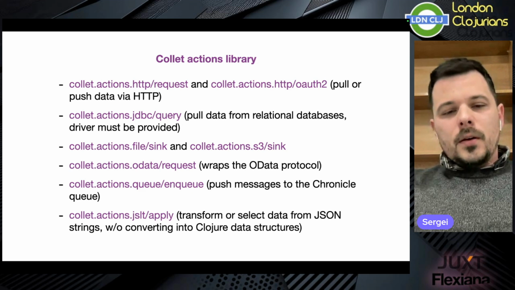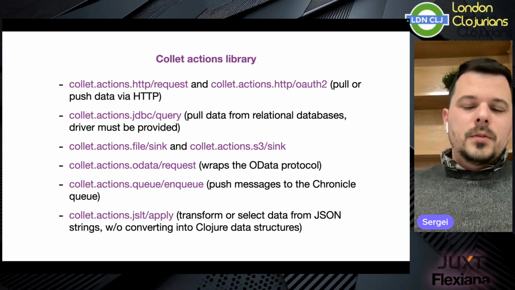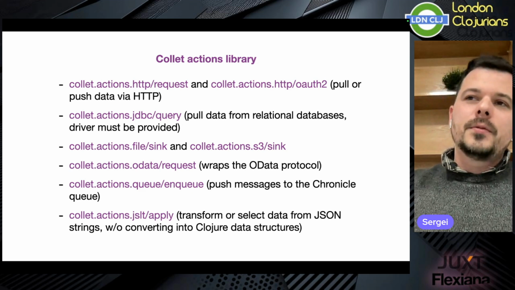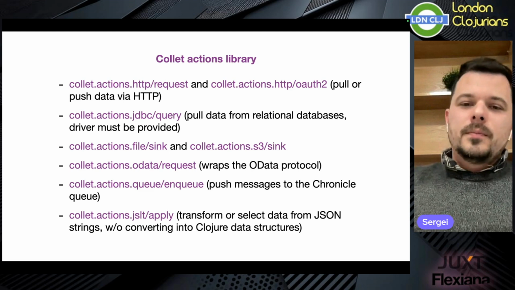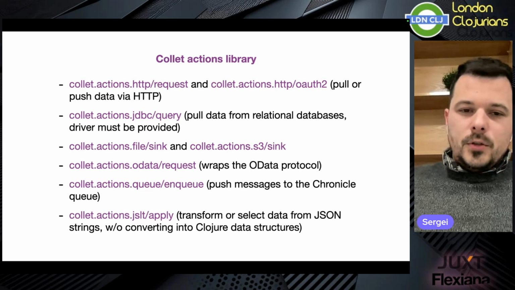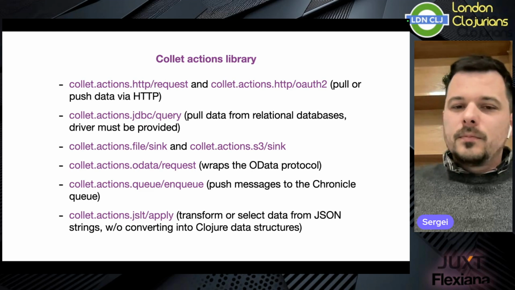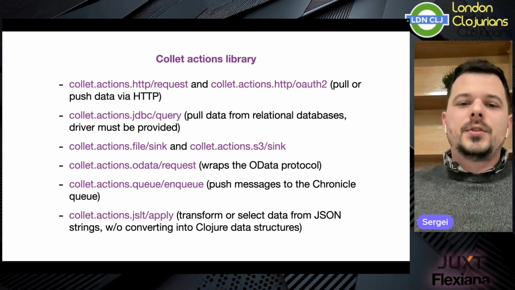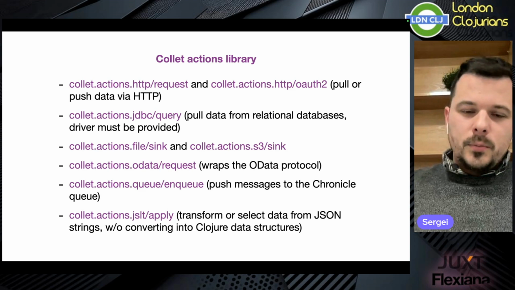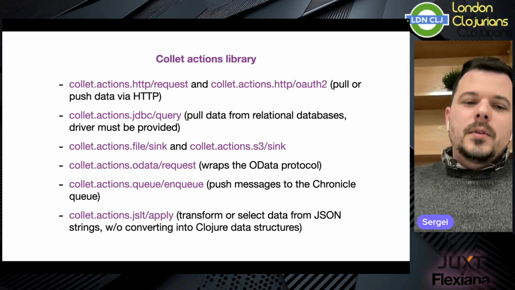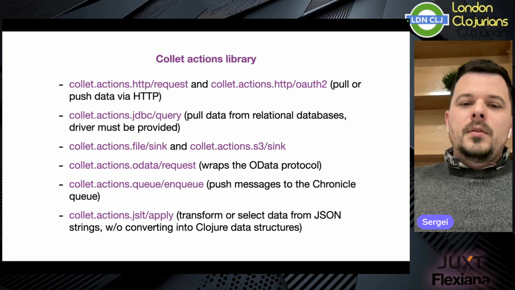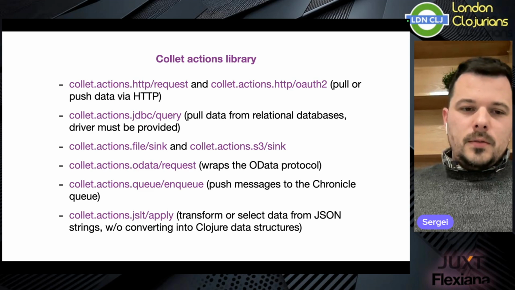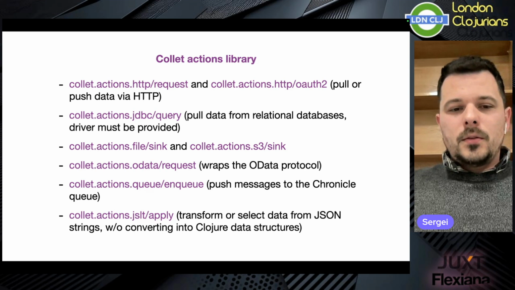And there is another action for Chronicle Queues. So you can integrate your batch processing job with streaming jobs that reside outside of Collet, using Chronicle Queues to integrate these two things together.